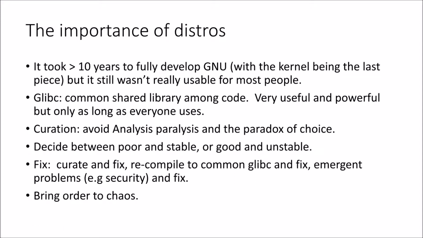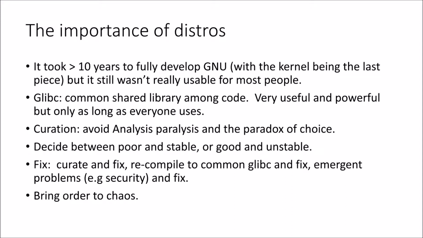You have situations where you have all these different utilities, and they're written separately. So you have something called glibc, which is a shared library. If you have a piece of software that's compiled against glibc version 2.0 and another that's using glibc version 3.0, that's not going to work because you have a system that just has one version of this common library.